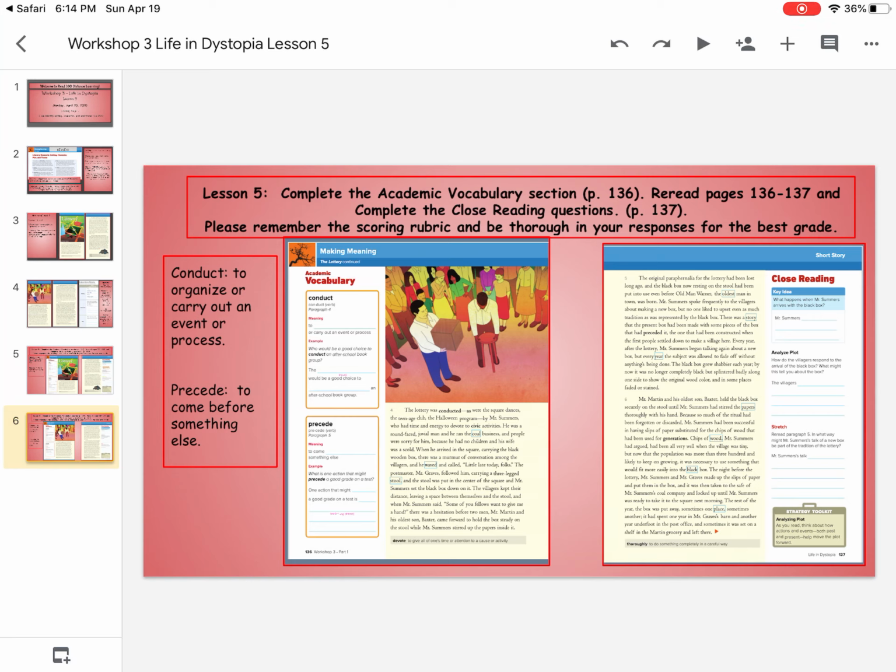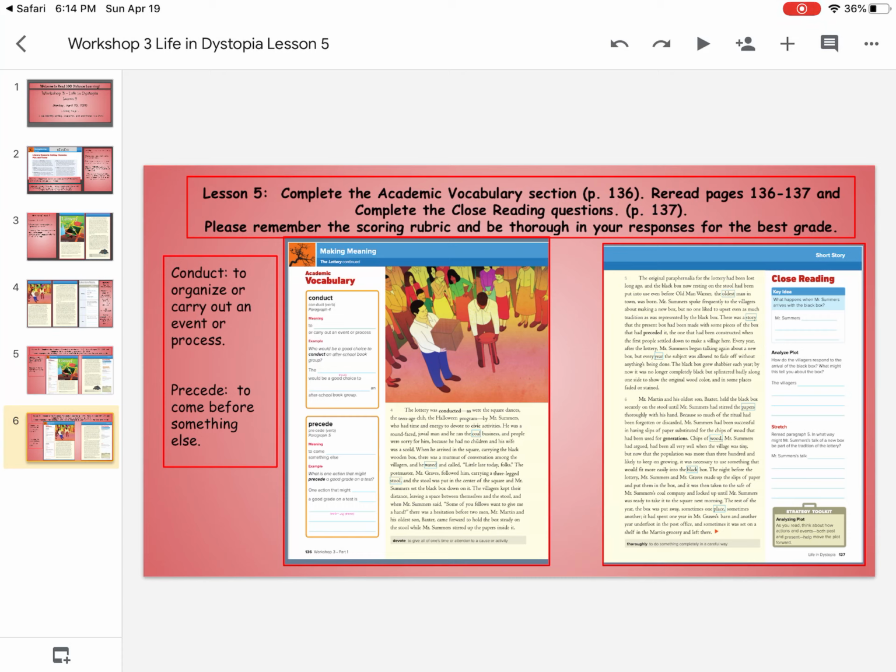The reason we're looking at this is that if we don't stop to think about how the plot of this black box affects the characters and settings, it's going to be hard to understand the story and the events that follow. So you need to go back into paragraph 4, and I will reread that if you would follow along.